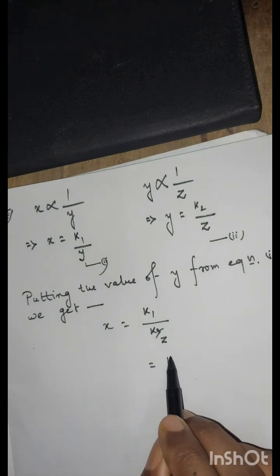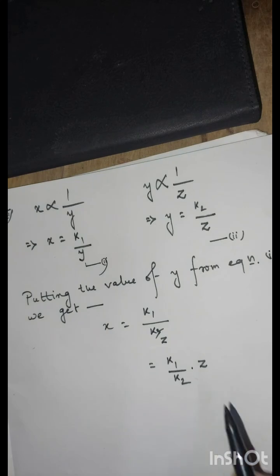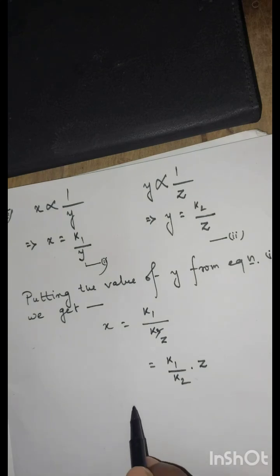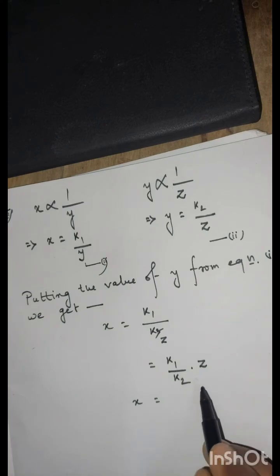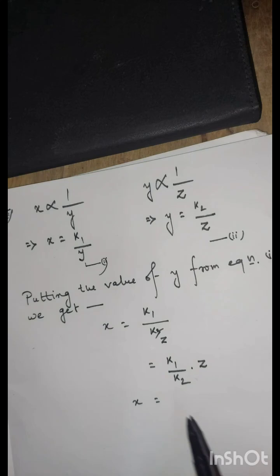So it becomes k1 by k2 into z. So we can see x is directly related to z. We can write k1 by k2, a new constant k into z.